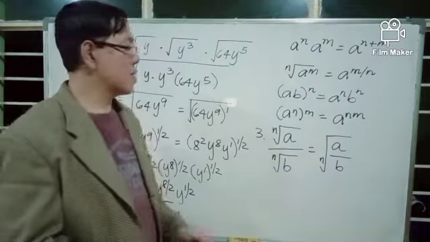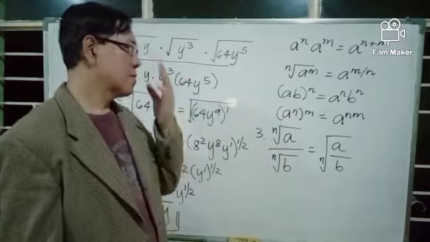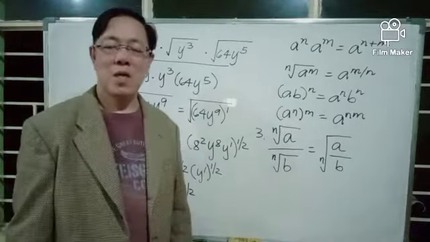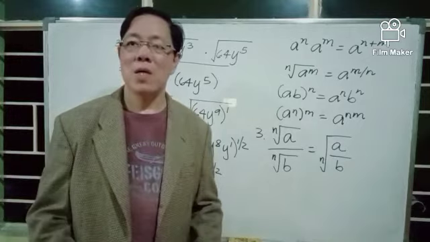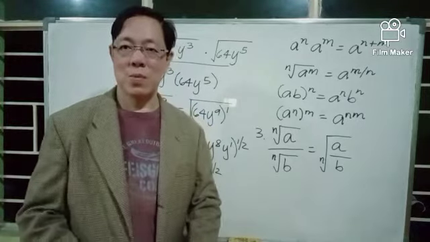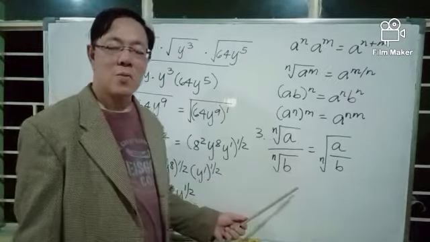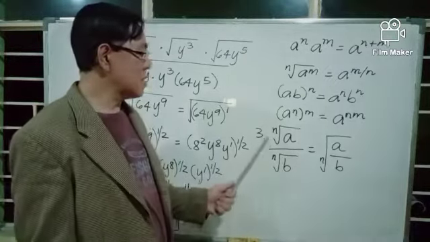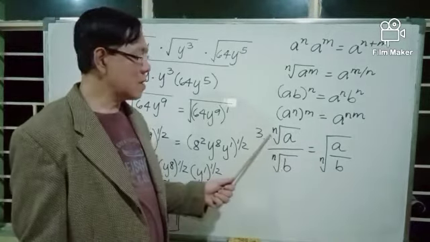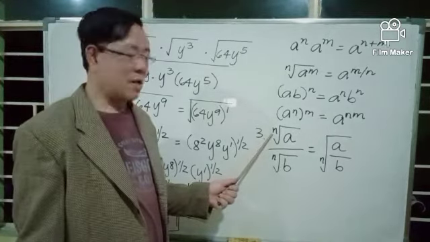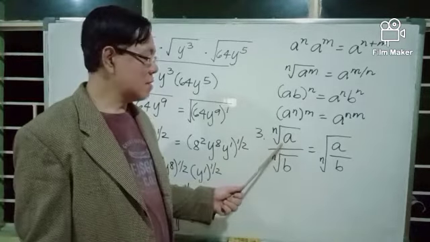This third property of radical is similar to the second property of radical, except that in the second property of radical, the operation involved is multiplication of two radical expressions. But here, the operation involved is division of two radical expressions, but the radical expressions have the same common index n, but they have different radicands.